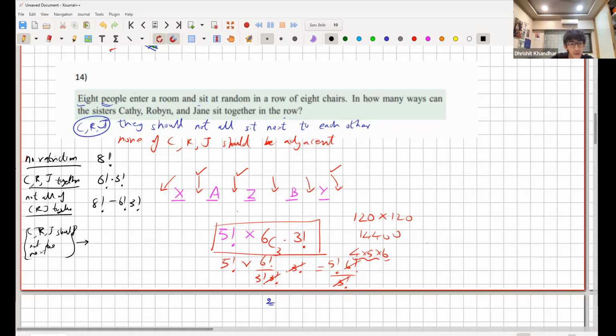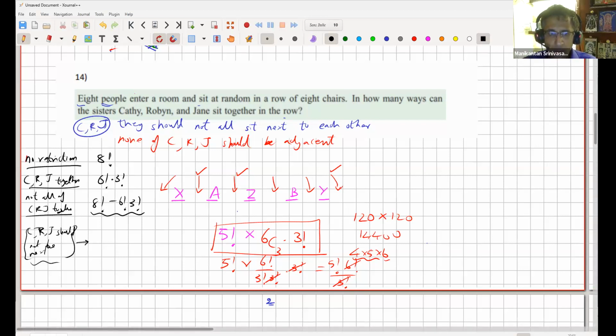Oh, okay. So you're saying from the no restriction, subtract off the case that not all are together. Okay, and why are we subtracting not all together? Because over here the question is that none of them should be together.